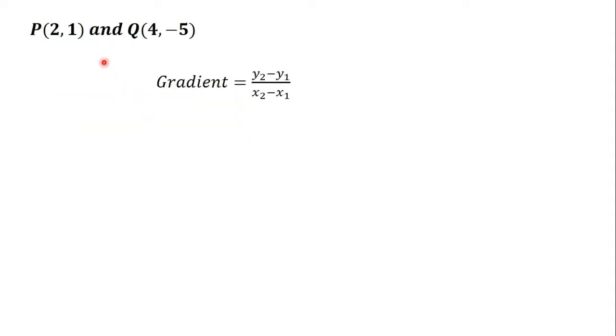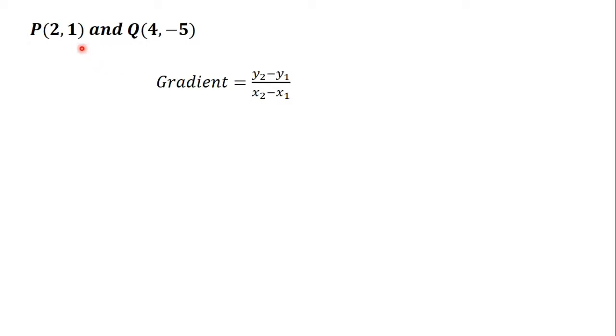So for the first one, we have point P with coordinates 2, 1 and point K with coordinates 4, -5. We learned from the previous video that the gradient is equal to y2 minus y1 divided by x2 minus x1.